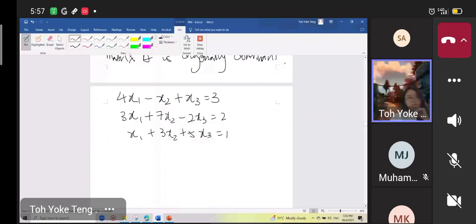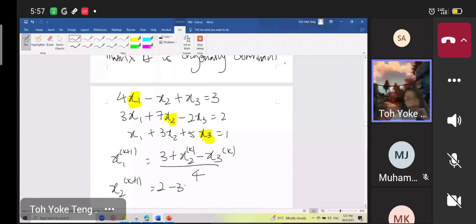And then, against the same thing, write down the iteration formula. So x1 at k plus 1 equals 3 plus x2 minus x3, over 4. This one is the previous value, so write it as k. The second one, x2 at k plus 1, equals 2 minus 3x1 plus 2x3, over 7.